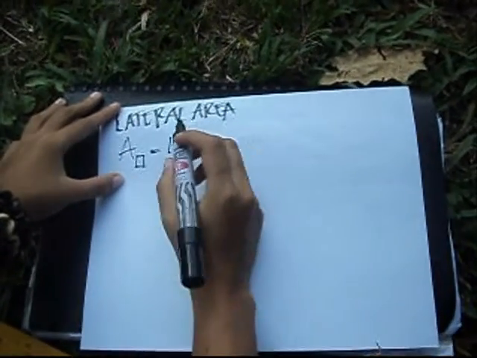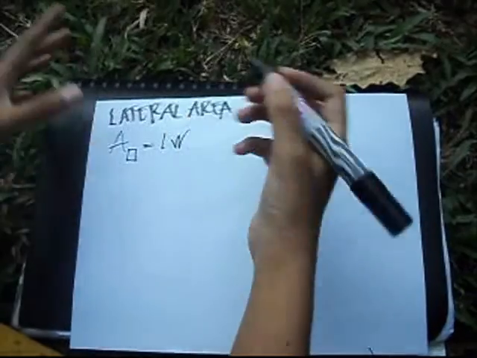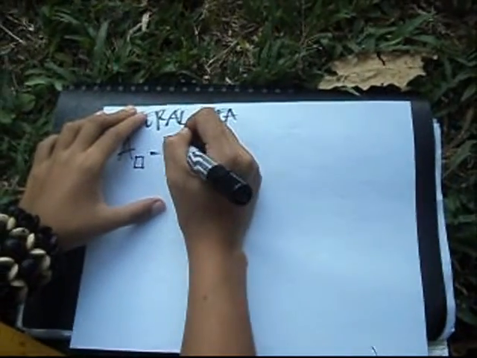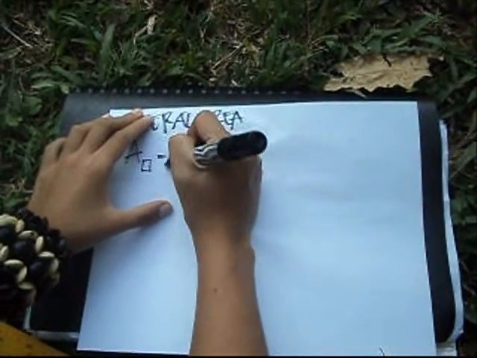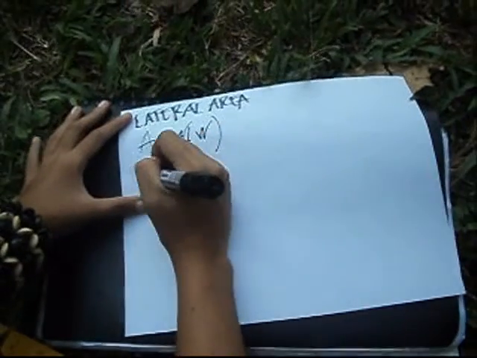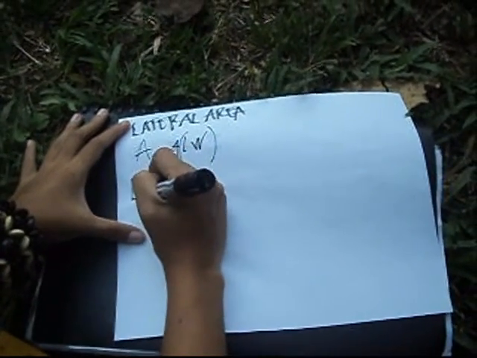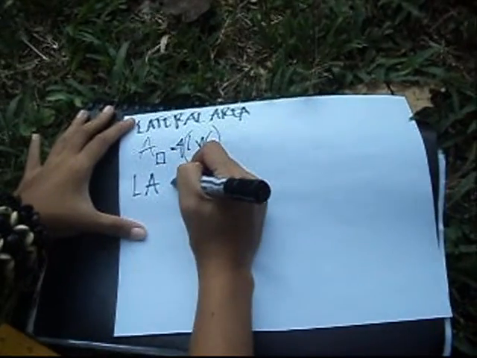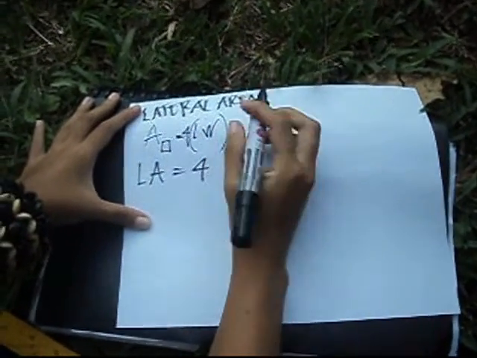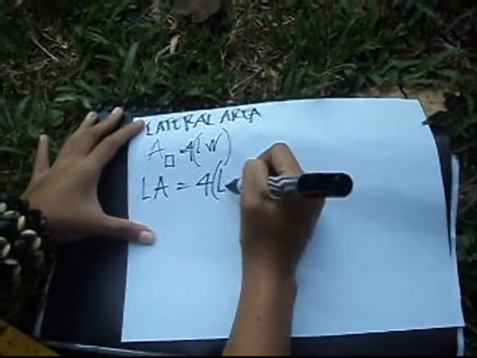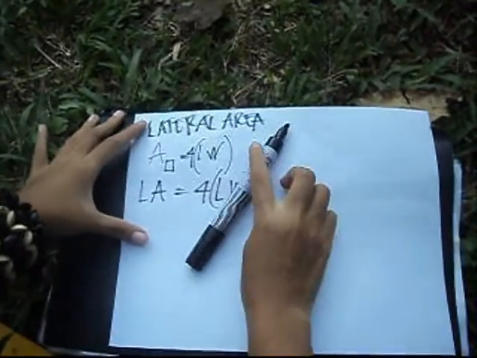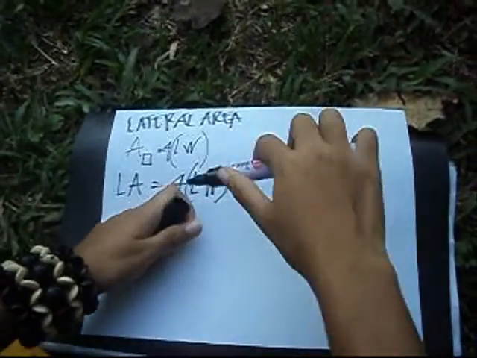And since there are 4 rectangles which are equal, we will multiply it by 4. So, let's substitute. Lateral area is equal to 4 times length times width. Then let's measure the length and the width.